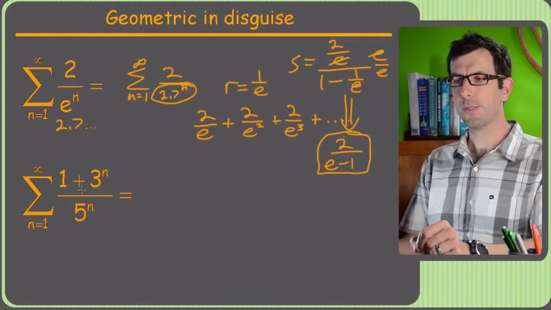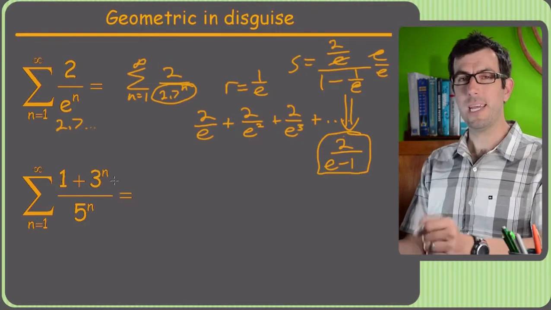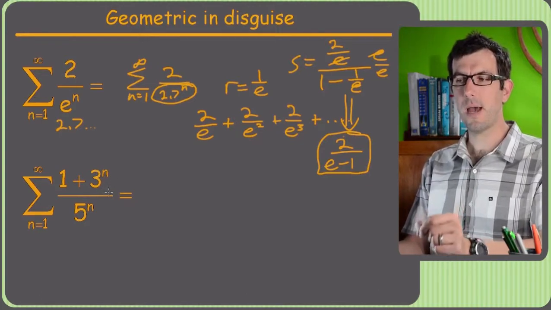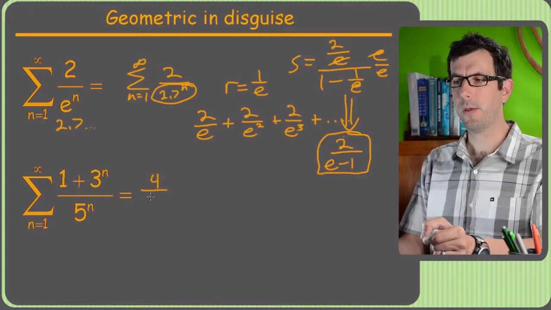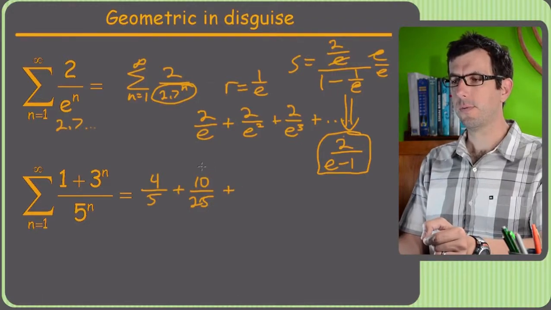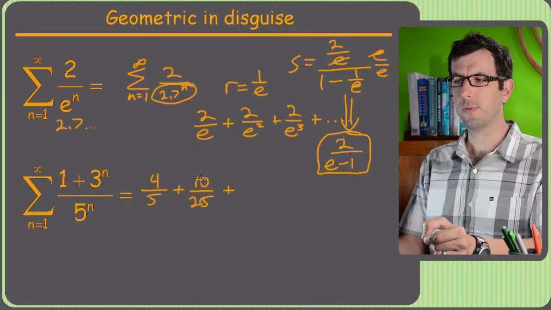So this next one's going to be tough to spot, and technically speaking, this is not a geometric sequence or geometric series, because if you write out the terms, you would get 1 plus 3, which is 4 fifths, plus, plug in n equals 2, you get 1 plus 9 is 10 over 25, which is like 2 fifths.